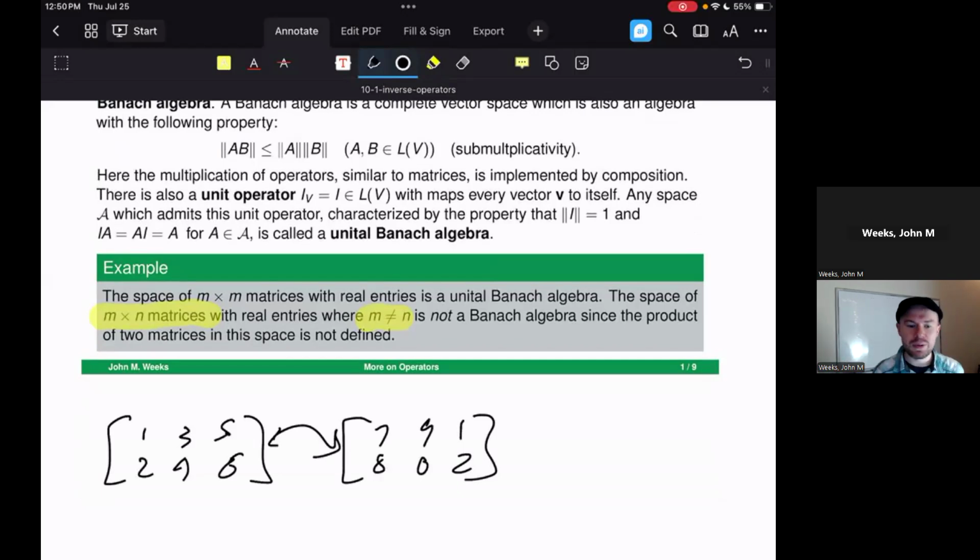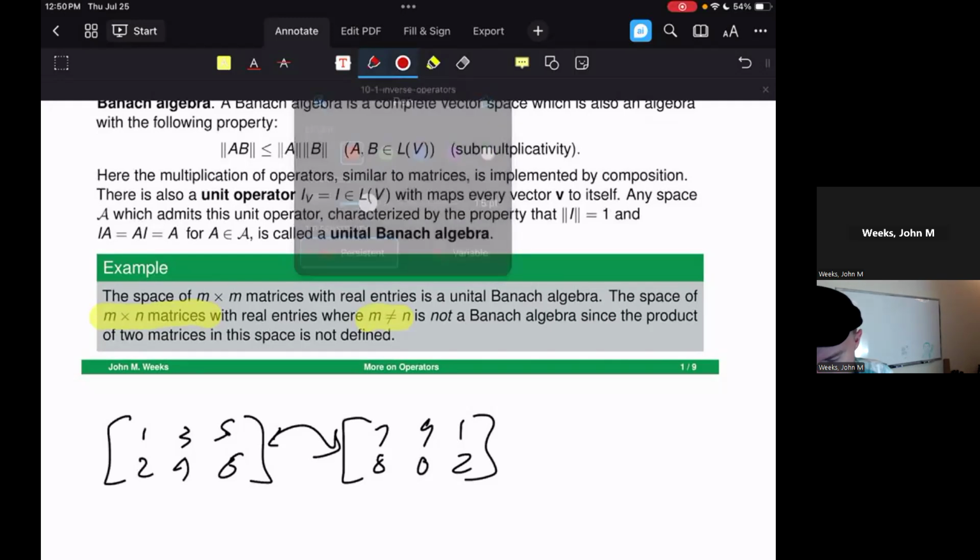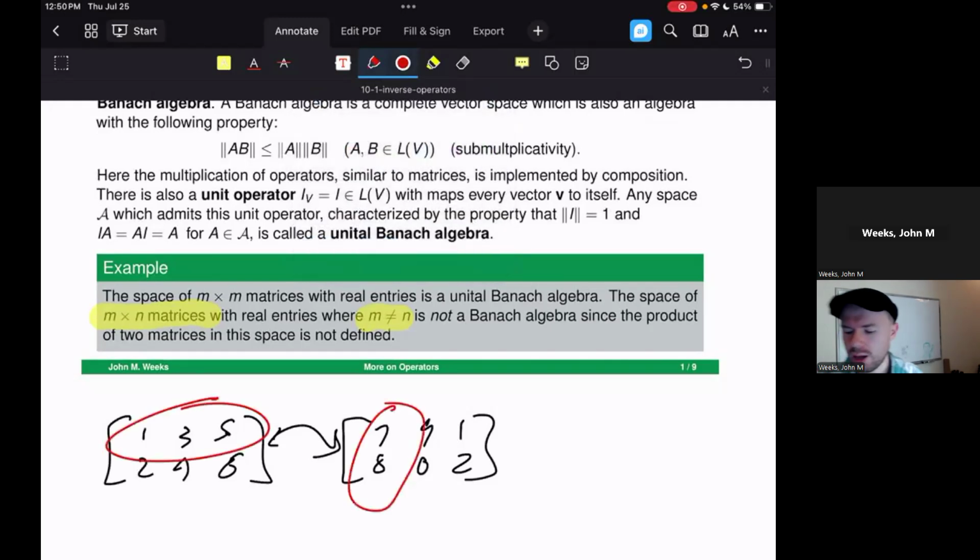Typically, the way that we multiply requires that the number of columns in the first matrix we multiply is equal to the number of rows in the second matrix that we multiply. That's so that we could actually take a dot product for each row and each column of this matrix.